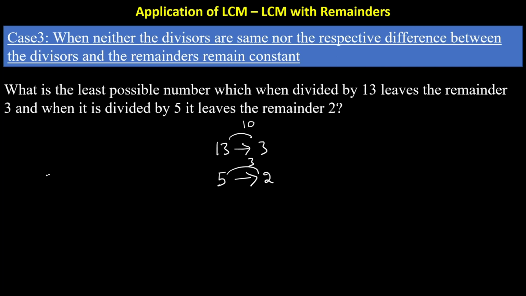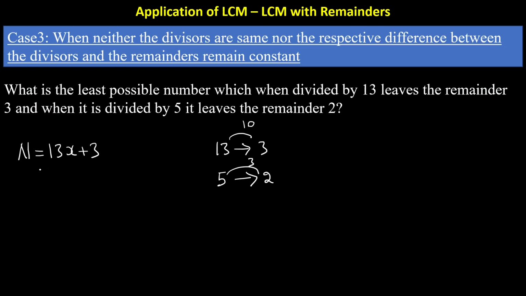Now, in this case, the divisor and remainder are different, right? Let us say there is one number which is exactly divisible by 13. So it will be in which form? 13x. Since I want the remainder as 3 here, I will add 3.